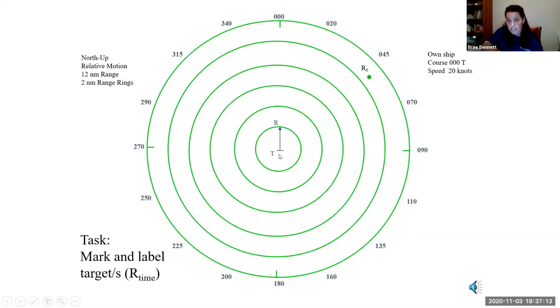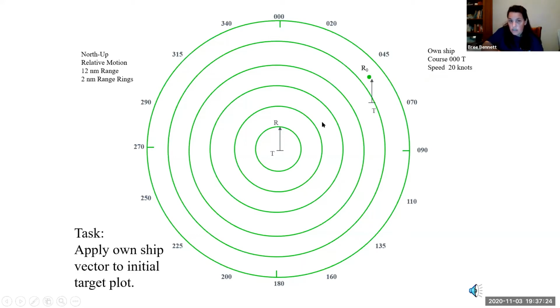During that 6 minutes of wait time, I can transfer my own ship's vector, parallel it over to the R. T is used in some books, so you might see that around, but on your plotting sheet and in most of the books, it's an E. I understand that can be confusing, but switch out this T. So here's our R, that first blip, and in the first 6 minutes, we've now plotted our E. Ignore the T, it's an E. That's where we get our E to R line, our own ship's line.